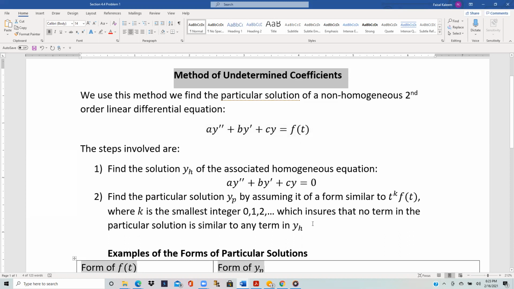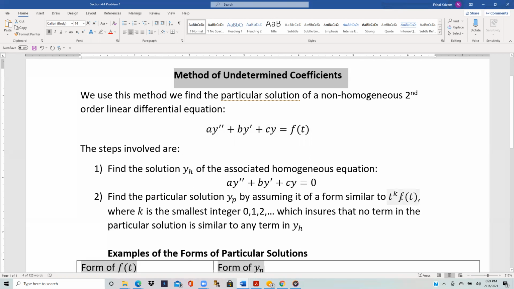But if, by just writing it of the form of f of t, you see something that is repeated in the solution of the homogeneous equation, then we multiply that form by the lowest power of t. So the lowest power of t would be 0. So t power 0 is just 1.